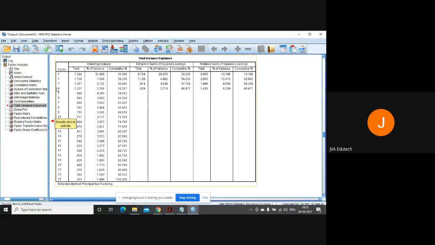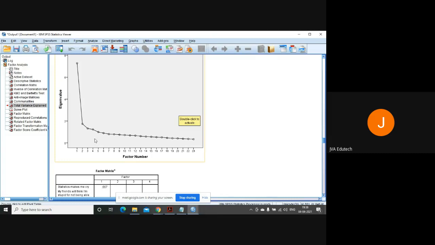Till 4, if eigenvalues are supporting, meaning they are a good fit, more than 1, then we should take 4. You can see on the scree plot also, inflection after 2, then at 4 it has increased. After 4 only there is a sudden steep. So you have the option either to keep 2 factors or to keep 4 factors.